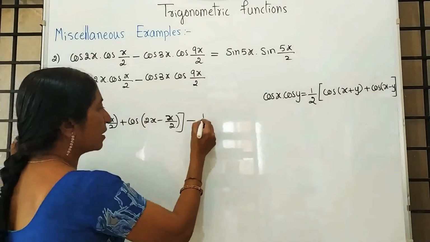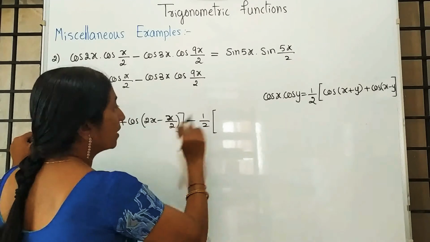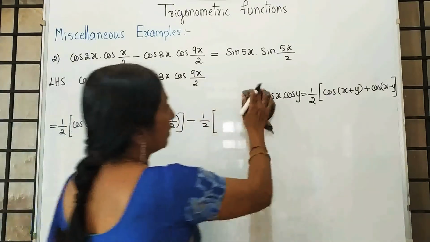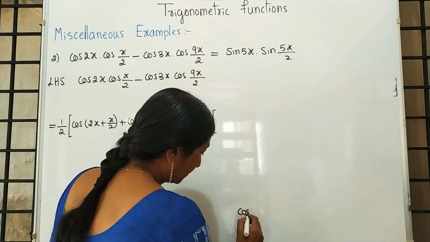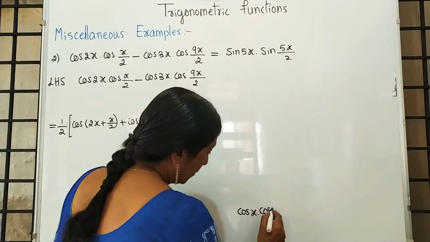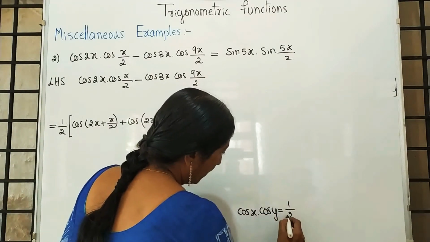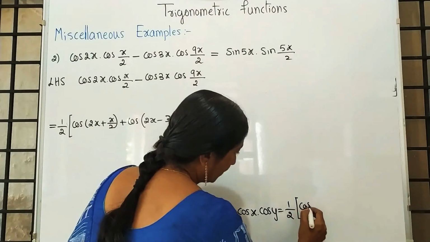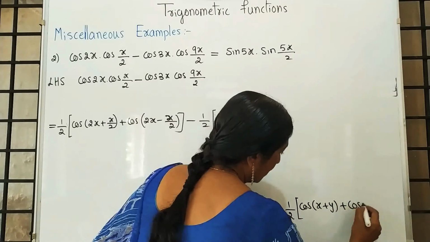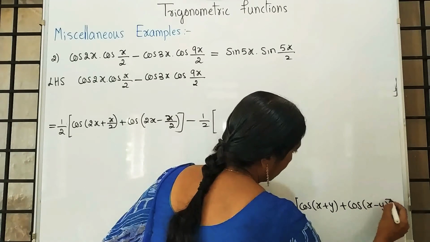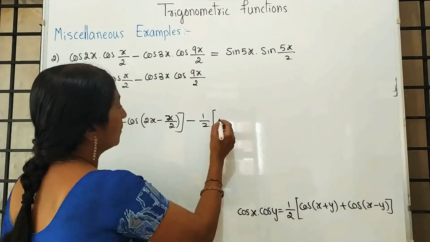Next, minus half in the bracket. Again I am applying a formula. For your reference I will write the formula here. Cos x into cos y is equal to 1/2 in the bracket cos(x+y) plus cos(x-y).